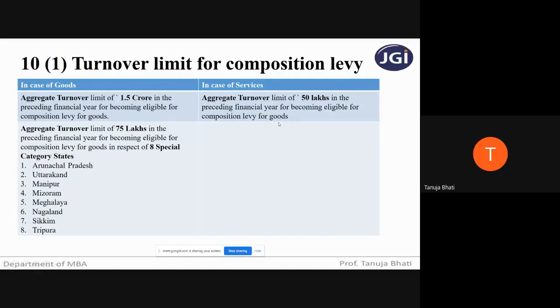So in case of services, the limit is 50 lakhs, irrespective of whether it is 8 special category states or other states. So for services, it is uniform for all these states. It is 50 lakhs. Turnover, if it does not exceed 50 lakhs, they can opt for composition levy. So people with smaller turnover are the small taxpayers. If their turnover is below this prescribed limit, they can avail this option of composition levy.